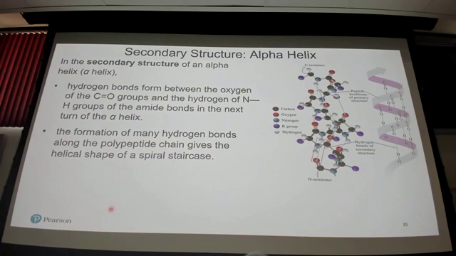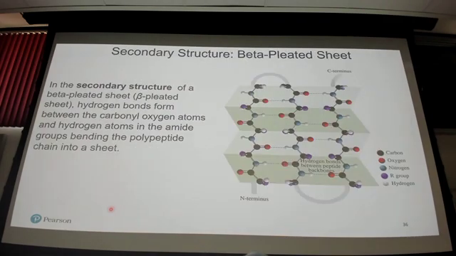When the secondary structure is the alpha helix, the proximity of the amide bonds creates a helical-like structure when the hydrogen bond is formed. And the beta pleated sheet, again, same molecule, C double bond O interacts with the NH to form a hydrogen bond. But in this case, the proximity of the amide bonds creates a folded pleated sheet pattern.